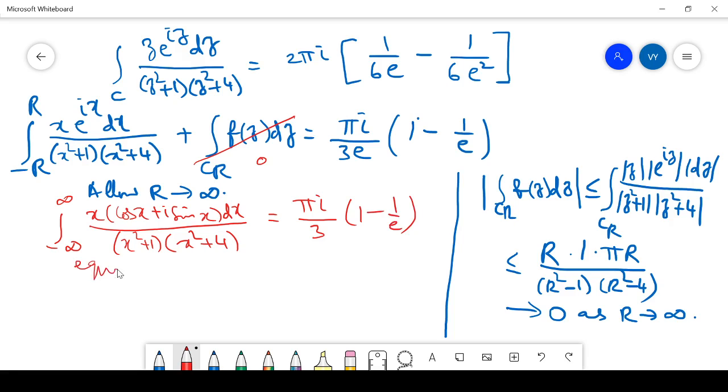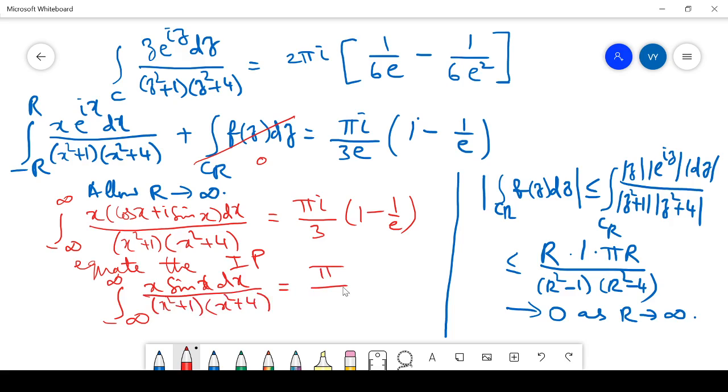When I equate the imaginary parts, I get the integral from minus infinity to plus infinity of x sin x dx by (x squared plus 1) into (x squared plus 4) equal to pi by 3 into (1 minus 1 by e). This completes this particular problem.